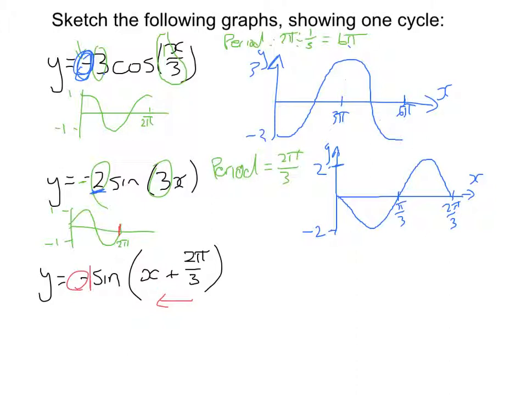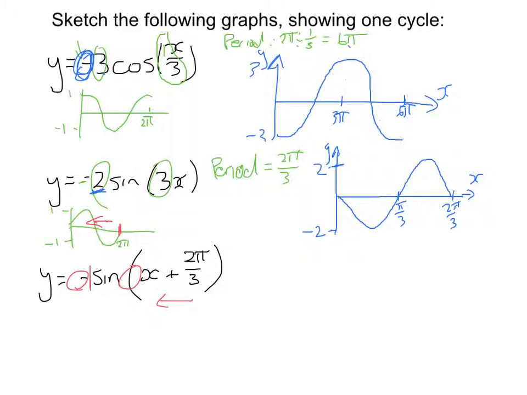Instead of it finishing at 2 pi, we still have 1 here, so it's not going to be changing the length of the period. So it's going to have a period of 2 pi, but it's all going to be shifted that direction by 2 pi over 3, which will change things a little bit.